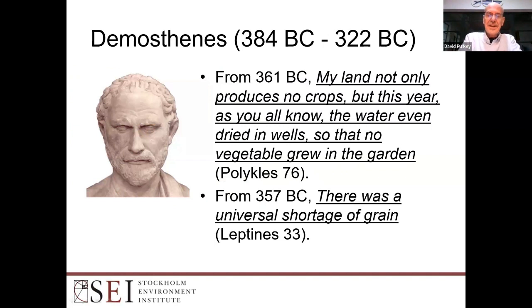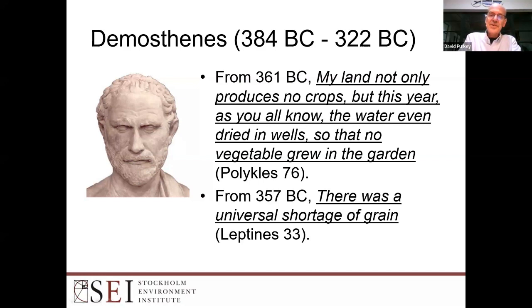There is a Greek chronicler by the name of Demosthenes who wrote in 361 BC and 357 BC of an extreme drought that was happening in Athens at that time. He wrote that my lands not only produce no crops, but this year, as you all know, the water even dried in the wells, so no vegetables grew in the garden.